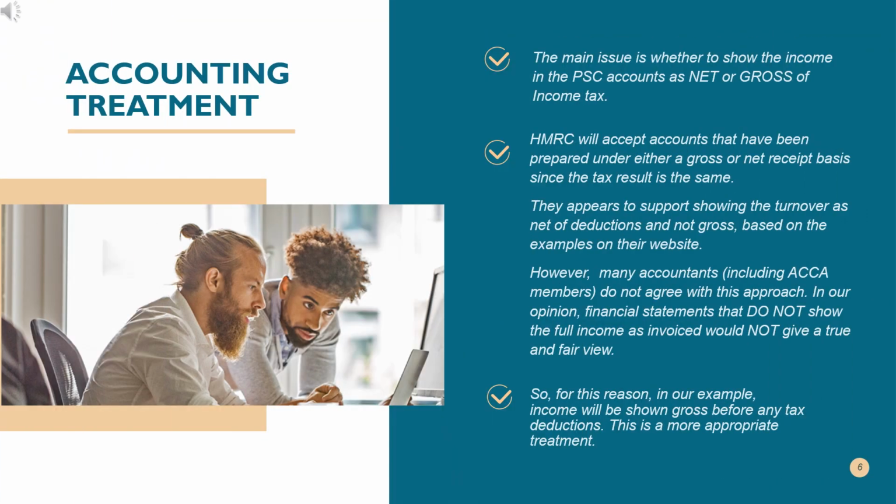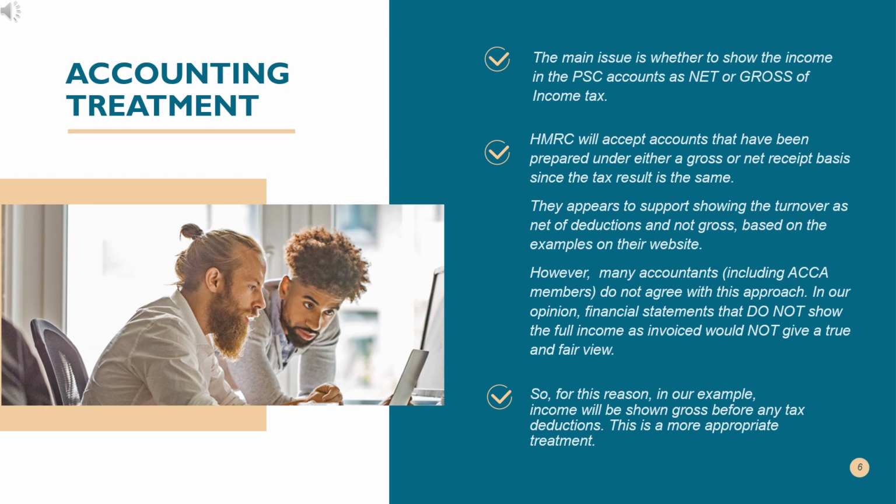So let's discuss the accounting treatment for this. The main issue is whether or not to show the income in the accounts of the limited company as net or as gross of income tax. HMRC will accept both. They appear to support, however, the turnover being produced in the accounts as net of deductions and not gross, based on the examples that they have on their website.